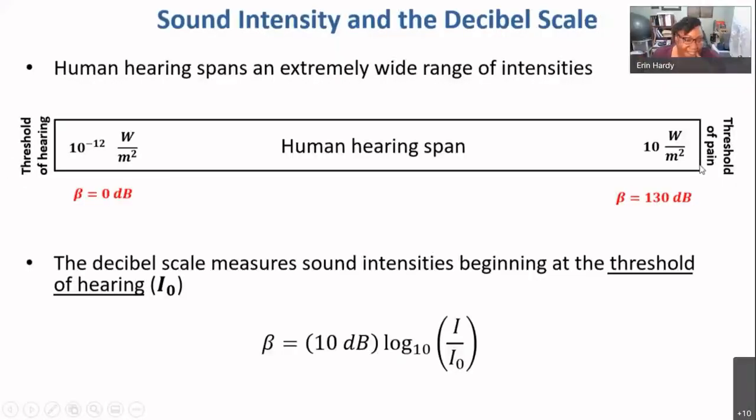And then on the opposite side of that scale, there's the threshold of pain. That's not to suggest that sounds can't be more intense than 10 watts per square meter, but this is just where it becomes physically uncomfortable to listen to that sound.